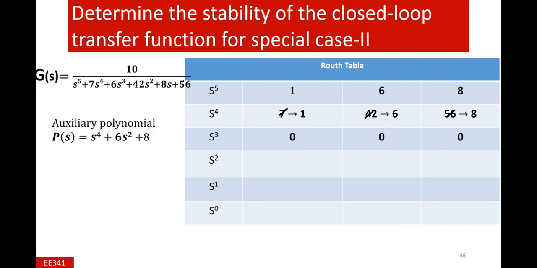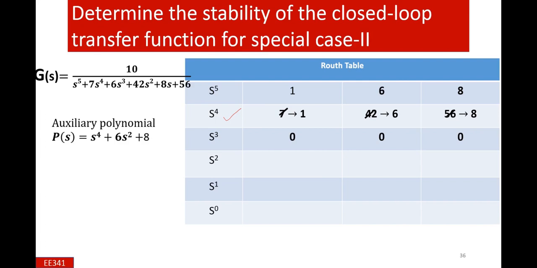So if the whole row is 0, then consider just the adjacent row above, and consider the coefficients of this polynomial.